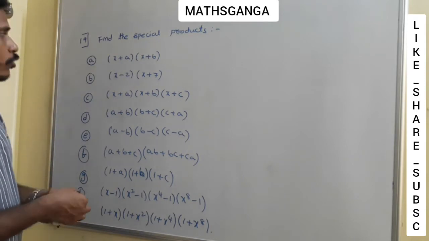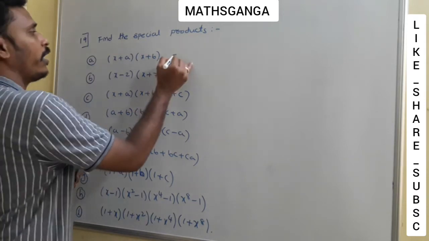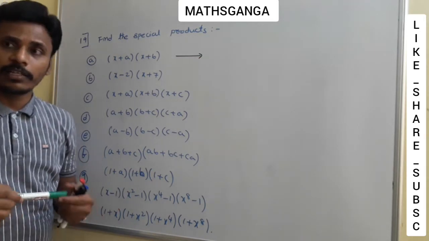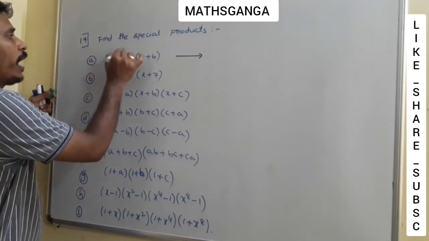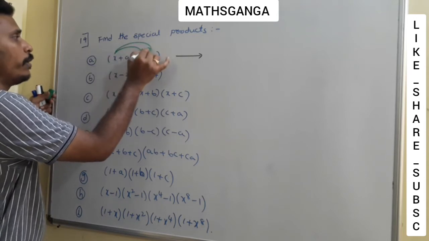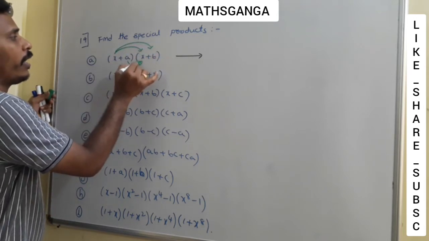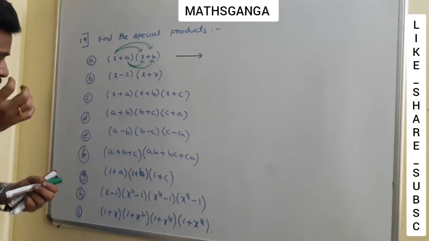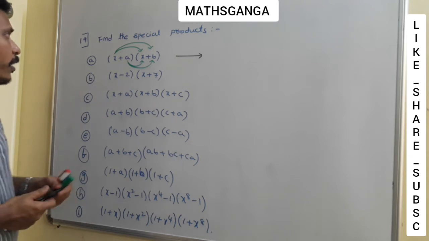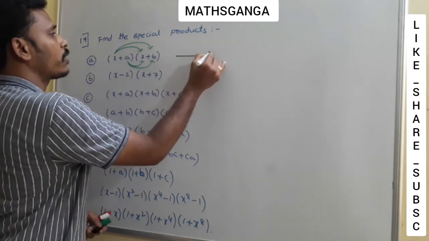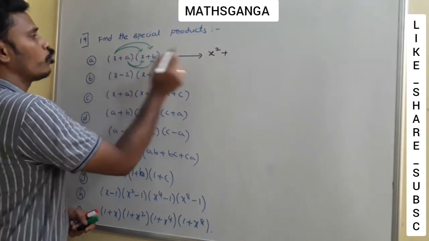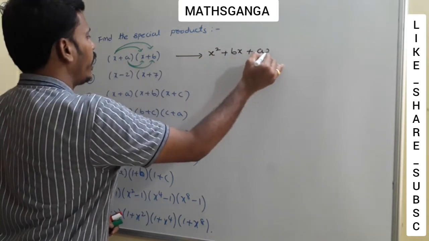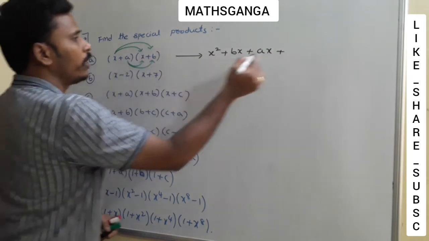The first thing: x plus a into x plus b we need to find. There are just two terms, so it is very easy for us to find. x into x, x into b, then a into x, a into b we need to multiply. x into x is x square, plus x into b is bx, plus a into x is ax, plus a into b is ab.